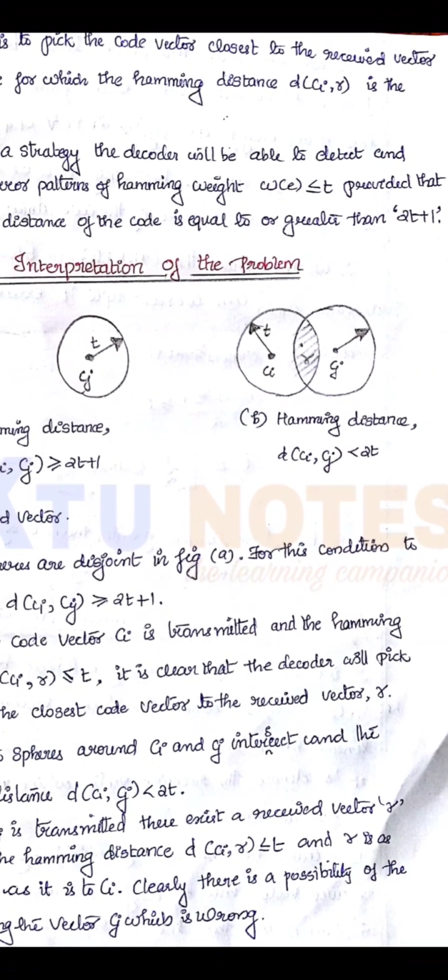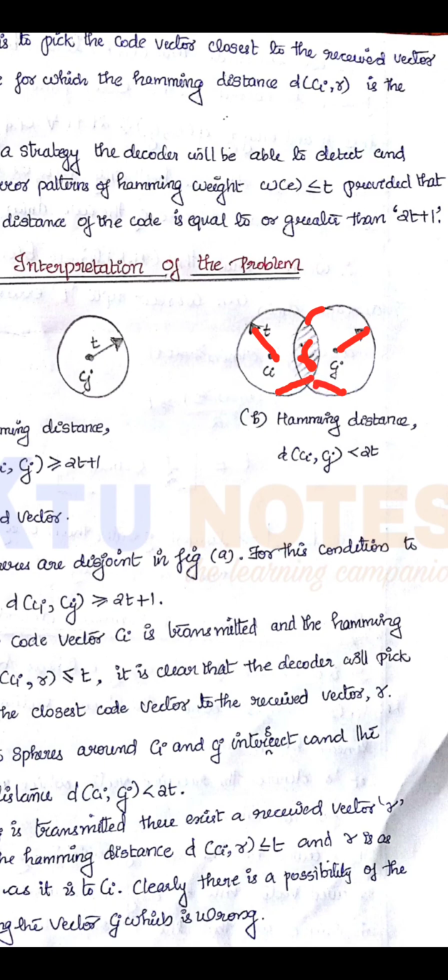So this is another condition, that is Hamming distance between Ci and Cj is less than 2t. That is, this is Ci and this is Cj. This is the t value. So if we receive r here, the distance between Ci and r and Cj and r may be equal. So the receiver will get confused whether to take Ci or Cj. We already said we should look at the distance between r and Ci and r and Cj, and we select the minimum distance between r and the code word.